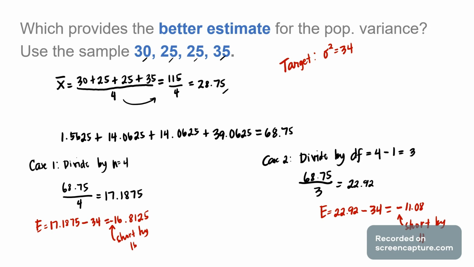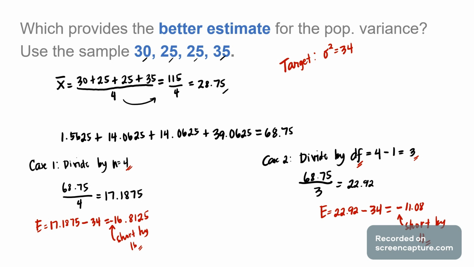When you divide by 4, we are short by 16. But when we divide by its degree of freedom, 3, we subtract from 1, 4 minus 1 is 3, our short amount was smaller compared to our target parameter.